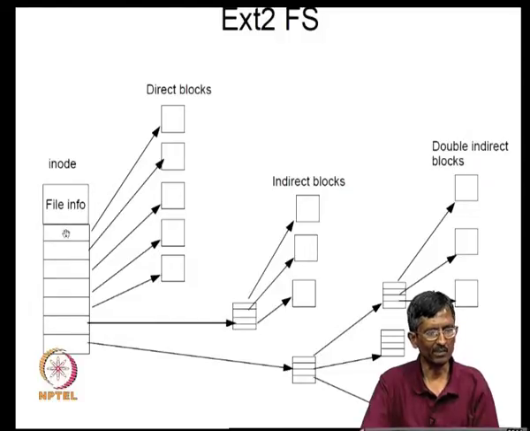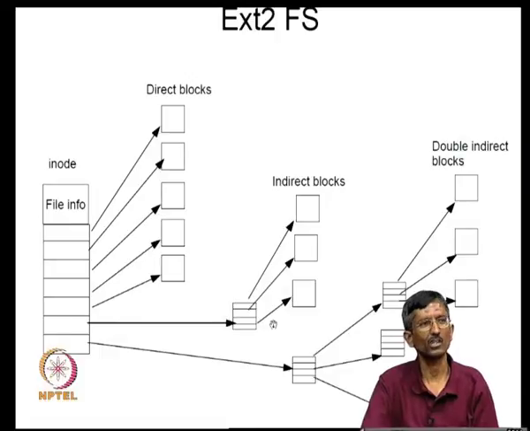So, you are able to access about 7 into 4K or 8 into 4K directly, about 28 or 32 kilobytes. Then if this block is 4 kilobytes, you are talking about 1000 addresses here. So, 1000 into 4 kilobytes, 4 megabytes. We have gone from about 28 kilobytes to about 4 megabytes.